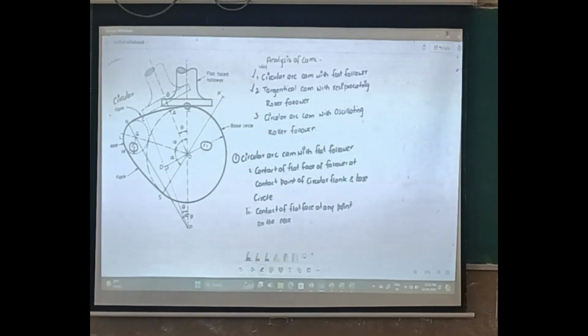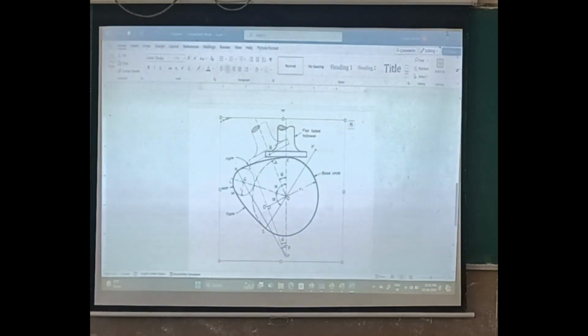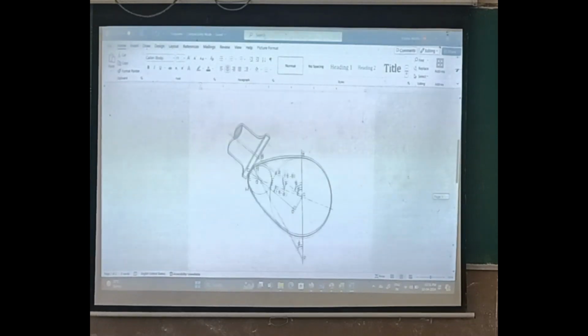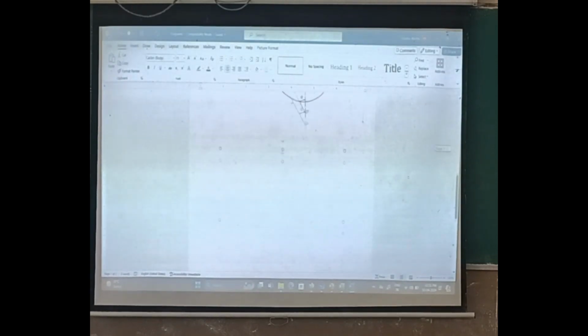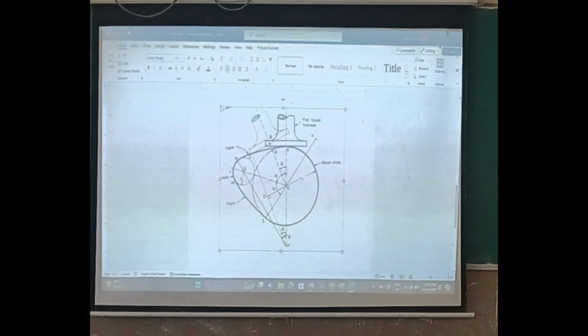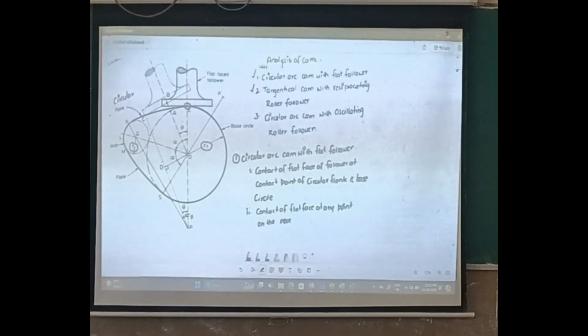Any point on the nose. That is, this flat surface will be in contact at this position. I will show that figure also. So this one is the second case. Now the first case is this one, so we are discussing the first case.